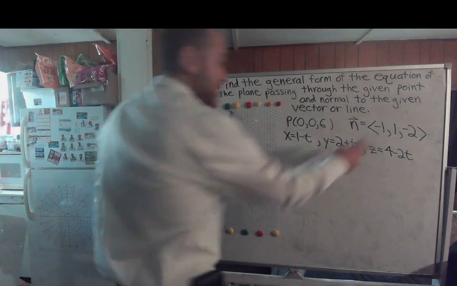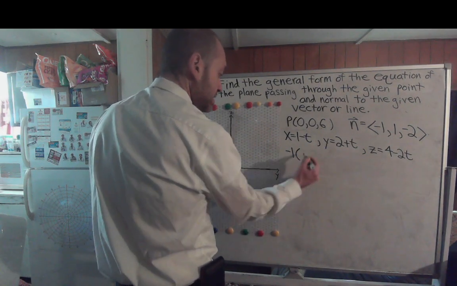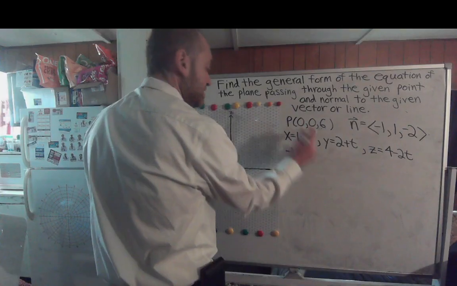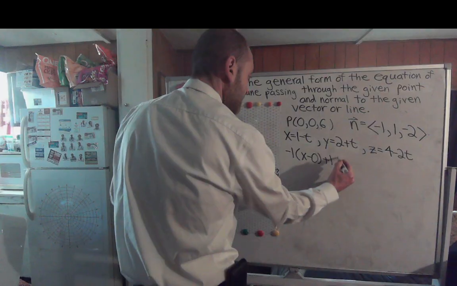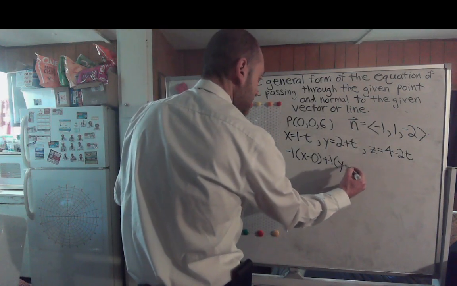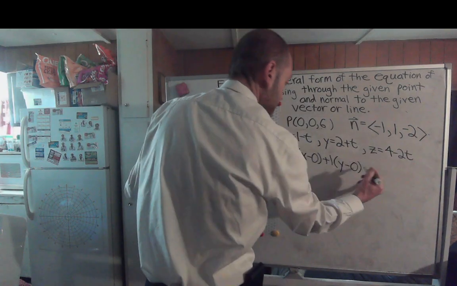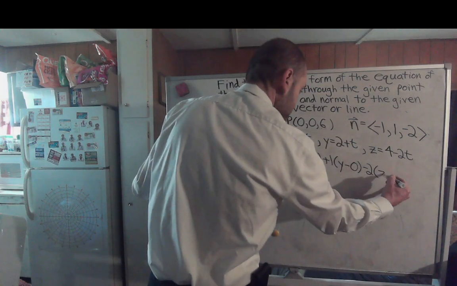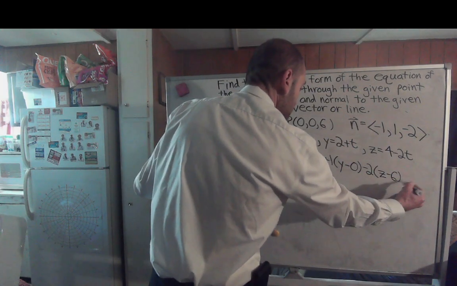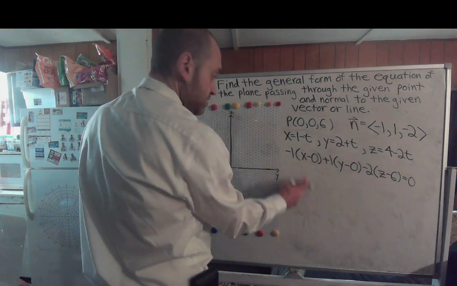So go ahead, take your x component of the normal vector, that -1, times the quantity of x minus 0 from point P, plus 1 times the quantity of y minus 0 from point P, plus -2, so that'd be -2 times z minus 6 from point P, is equal to 0. So go ahead and do your distributing.